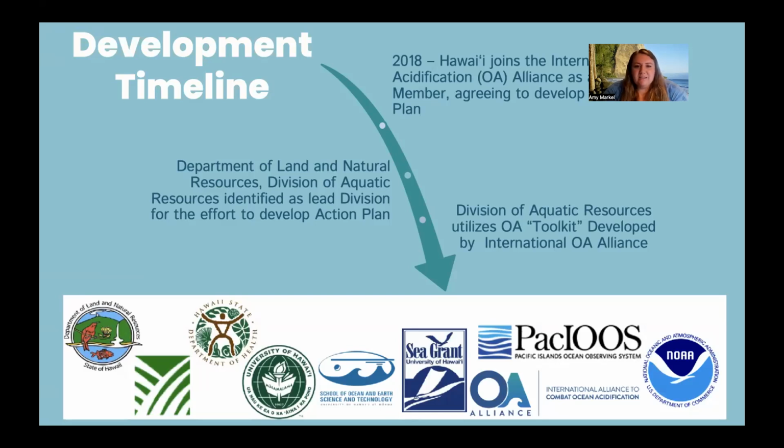And so the division decided to utilize the OA toolkit developed by the International Alliance and began engaging with other departments in the state, including Department of Agriculture, which hosts our aquaculture division, Department of Health, who does our water quality monitoring for the state, as well as partners from the University of Hawaii, including the School of Ocean and Earth Science and Technology, Sea Grant College Program, Pacific Islands Ocean Observing System, PacIOOS, as well as our International Alliance and NOAA partners. Next slide.